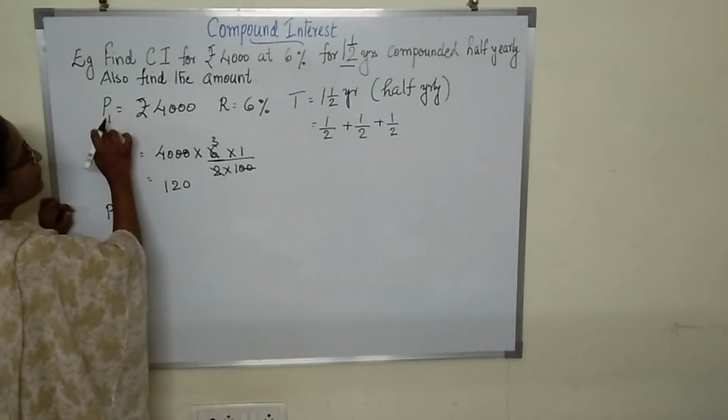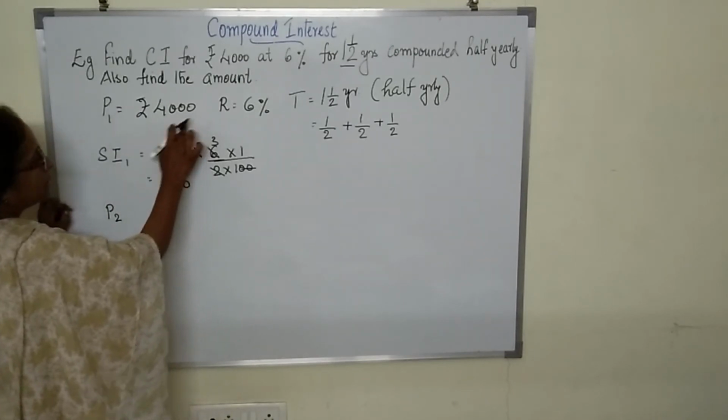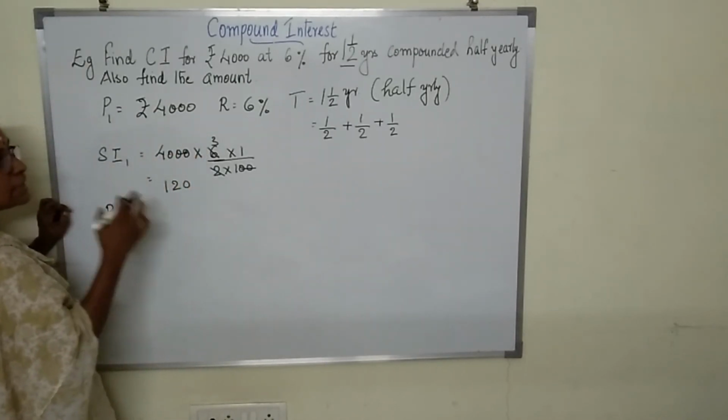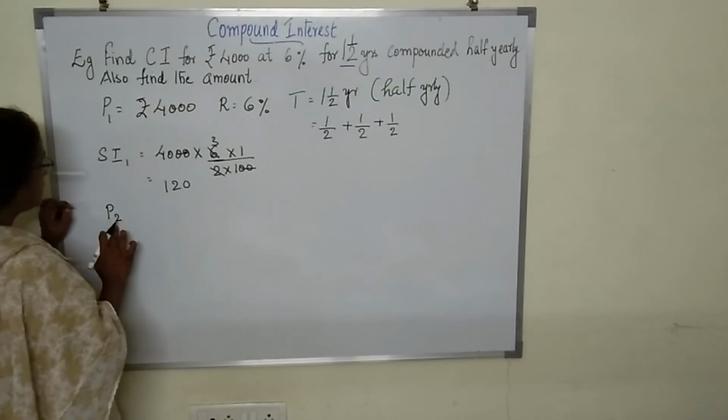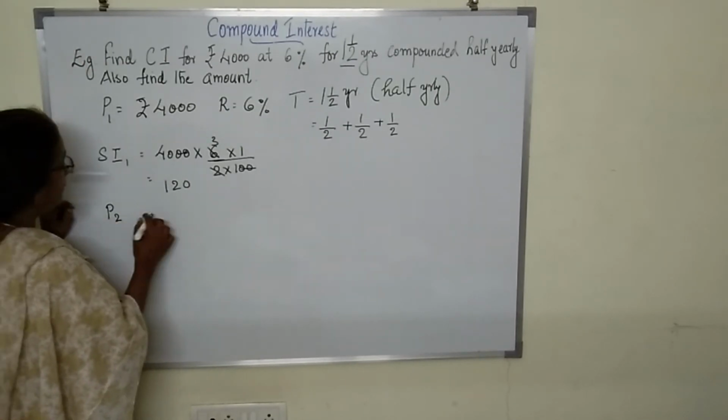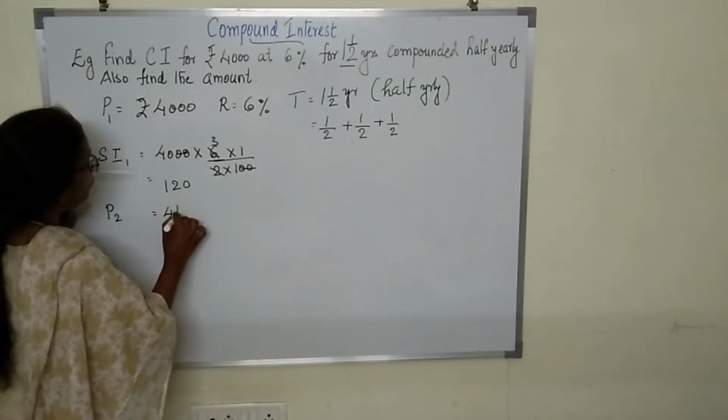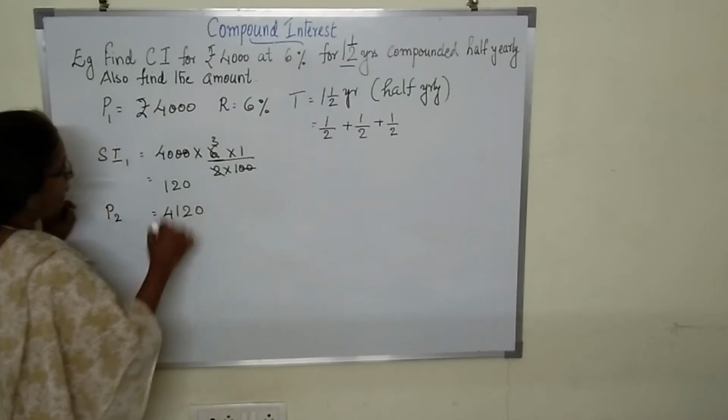This is P1. First time it is 4,000. Second term, that is after 6 months, the principal P2 will become 4,120.